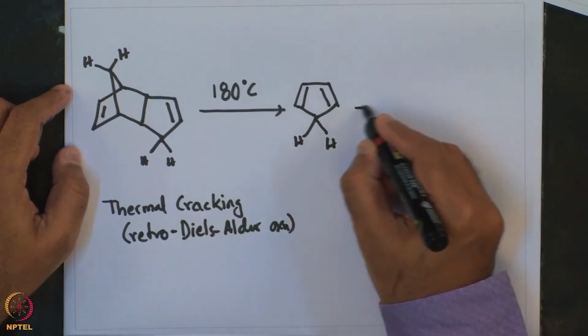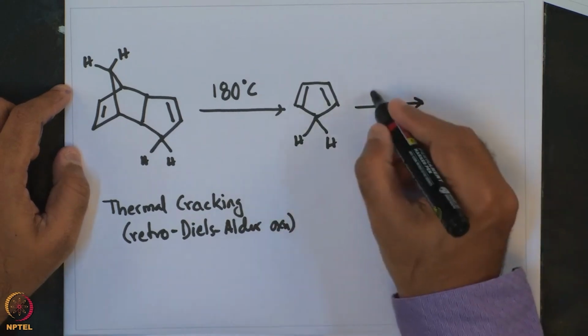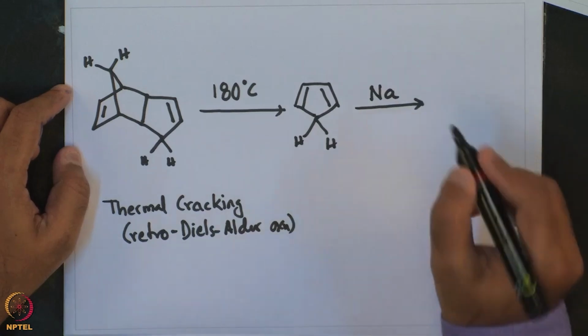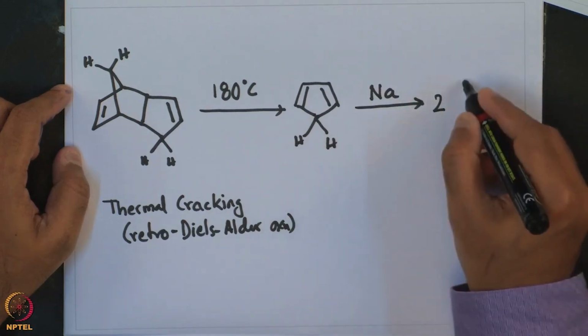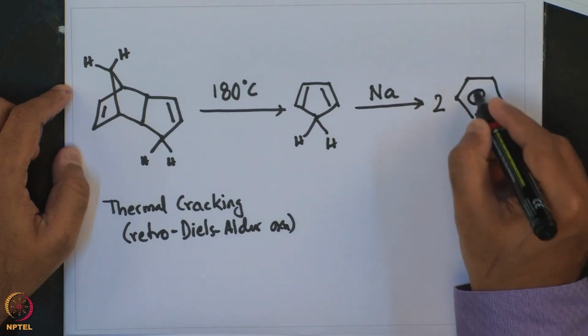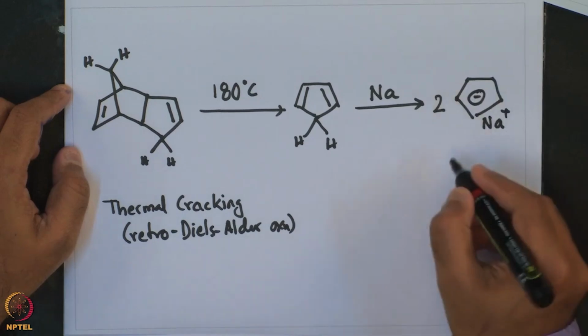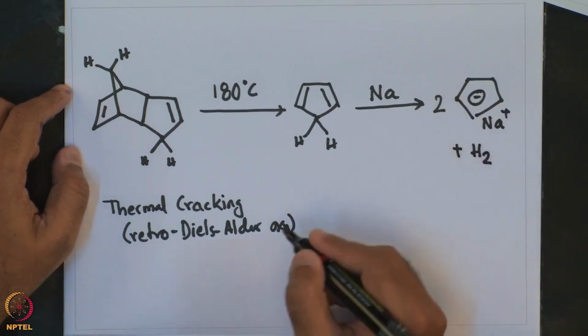Now, the cyclopentadiene generated can be deprotonated using sodium metal, giving sodium Cp along with the liberation of hydrogen.